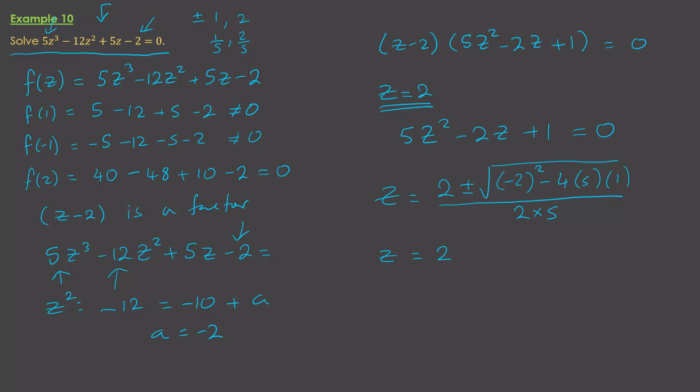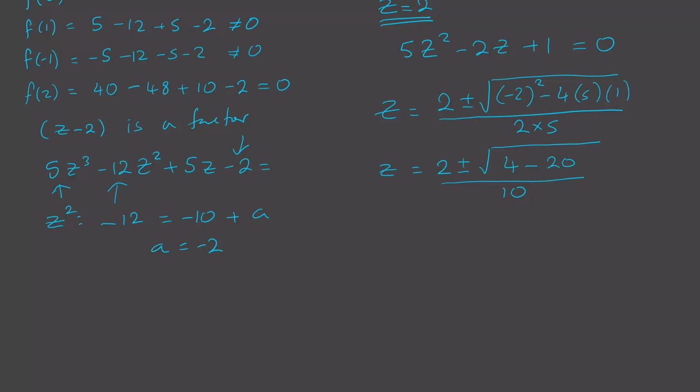So that's 2 plus or minus the square root of 4 take away 20, divided by 10. So that gives me 2 plus or minus root negative 16, over 10. So z is equal to 2 plus or minus 4i divided by 10.